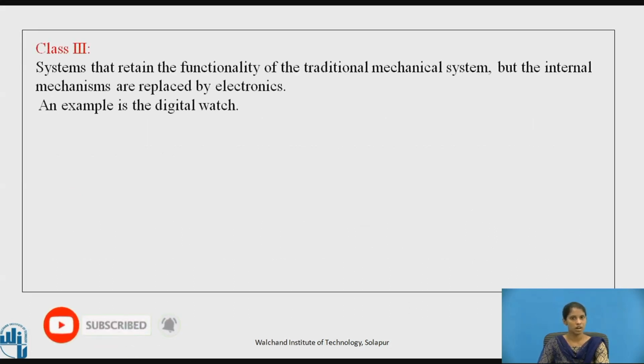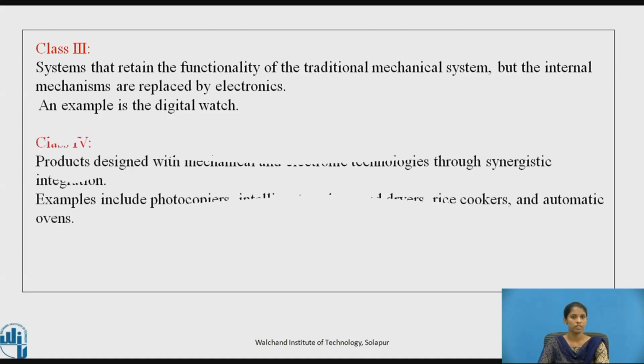Class 3 systems retain the functionality of the traditional mechanical systems, but the internal mechanisms are replaced by electronics. The example is digital watch. Class 4 products are designed with mechanical and electronic technologies through synergetic integration. The example includes photocopiers, intelligent washers and dryers.